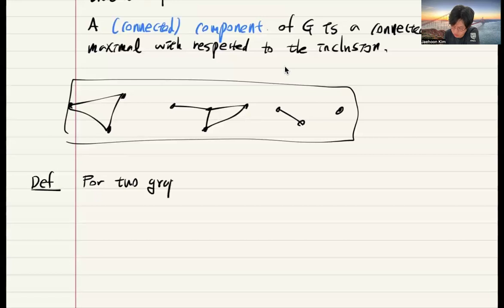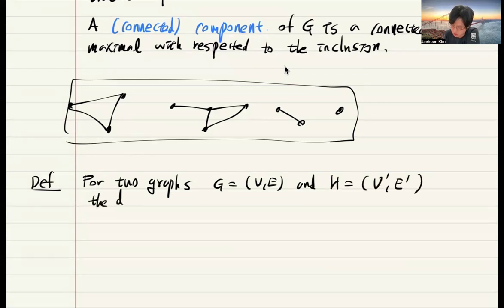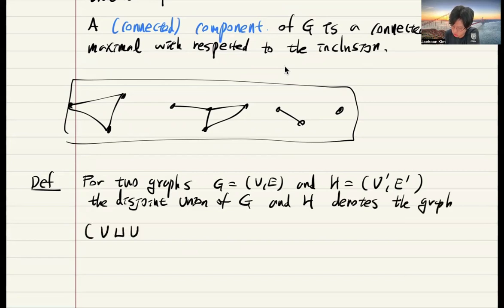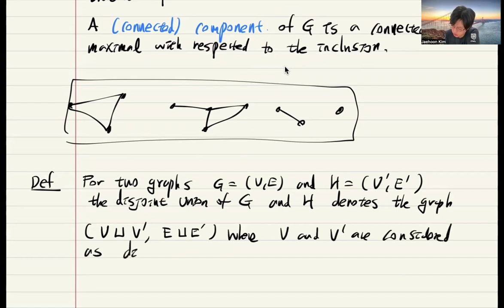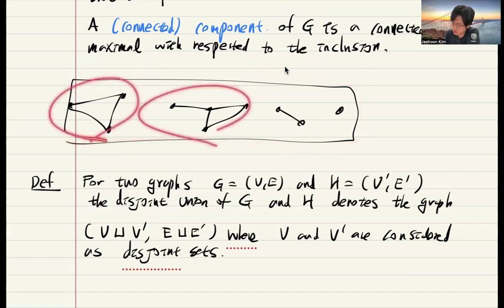So for two graphs G, which consists of the vertex set V and the edge set E, and H, which consists of vertex set V prime and edge set E prime, we say the disjoint union of G and H denotes the graph with vertex set V disjoint union V prime, and edge set E disjoint union E prime, where V and V prime are considered as disjoint sets. So this is a disjoint union of those four graphs.